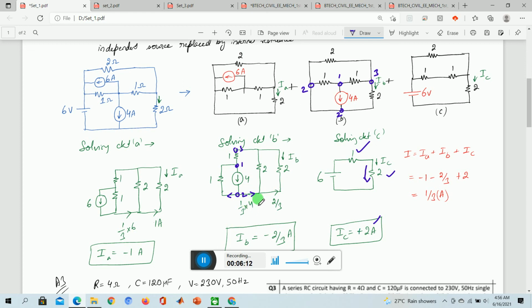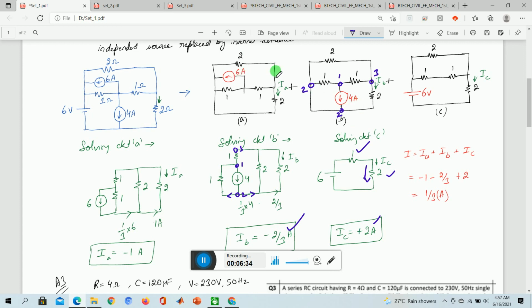This current is going to split between these 2 points. So the current going towards the load will be 2 by 3 but in the upward direction. So IB is the negative of it, minus 2 by 3.